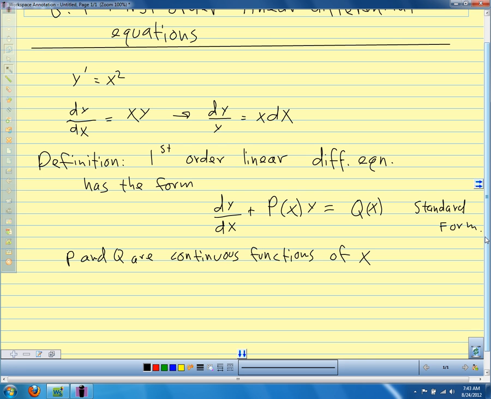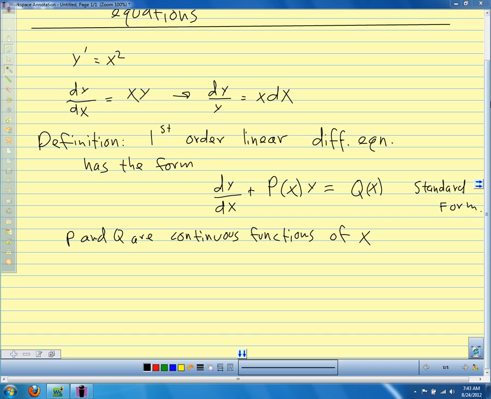If our equation is not in standard form, to work with them, we're going to want to put them into standard form first. So again, our first step, we rearrange, we put our differential equation in standard form so we can identify p of x and q of x from this form. To solve it, we find what we call an integrating factor.